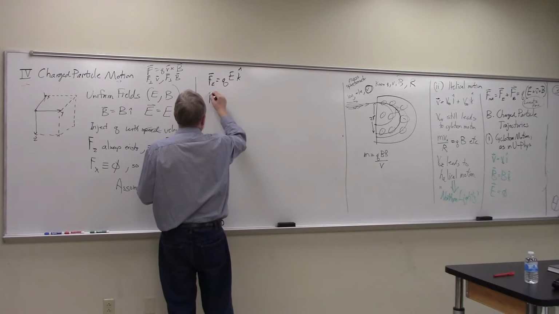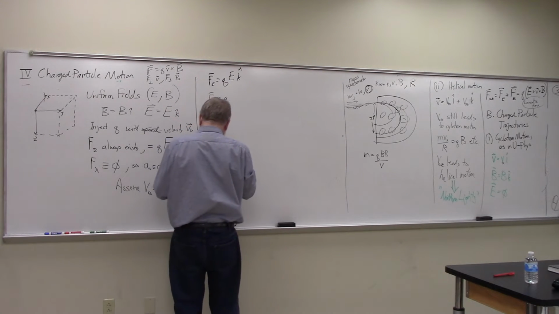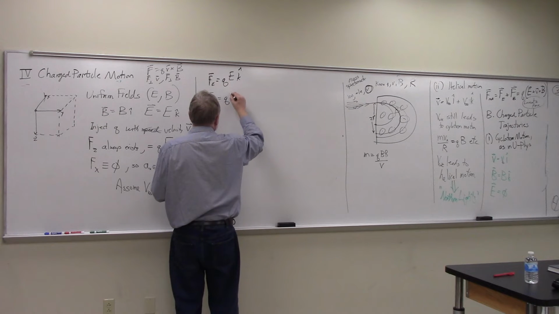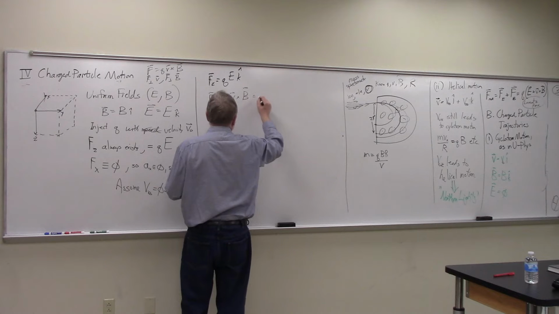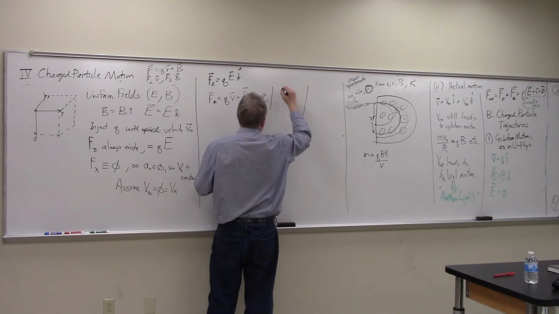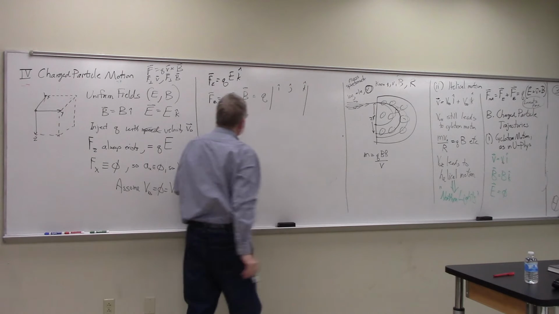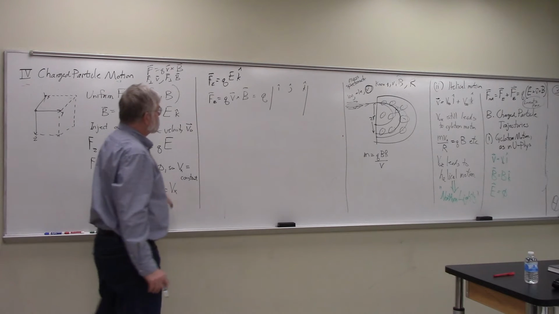The magnetic force is Q times the velocity crossed into B. I know how to do a cross product. What are the components of velocity? Well, we just said Vx is 0.